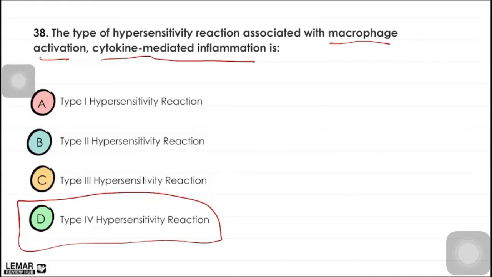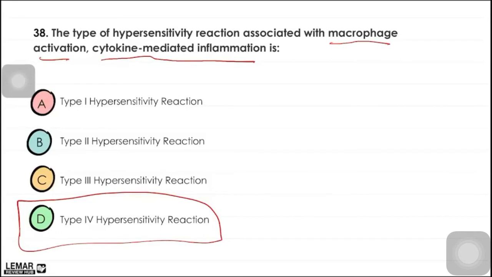It involves immune complex mediated hypersensitivity reaction. This is associated with complement and Fc receptor mediated recruitment and activation of leukocyte and tissue damage, which is secondary to impaired blood flow.